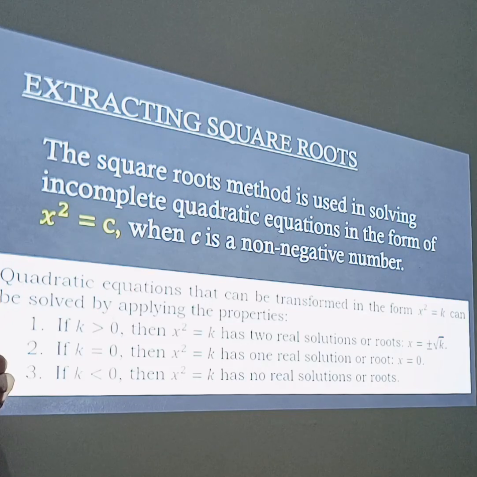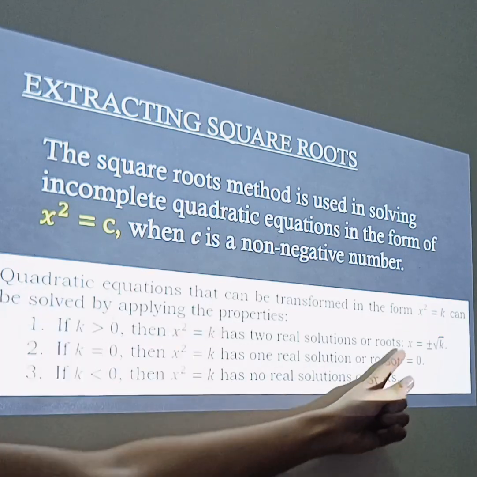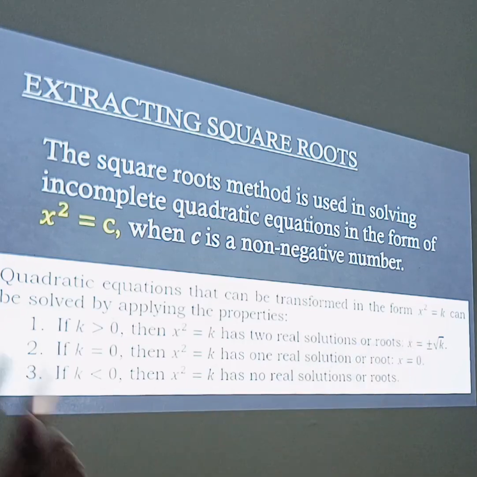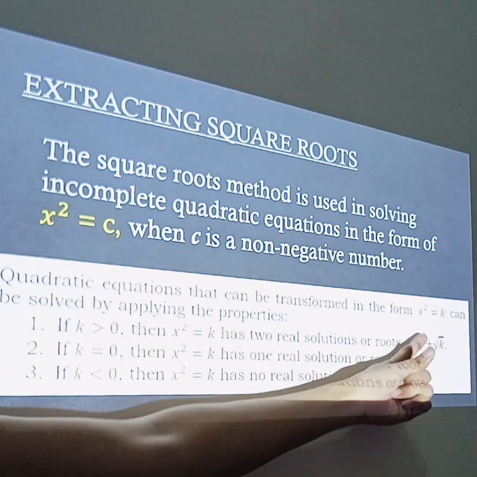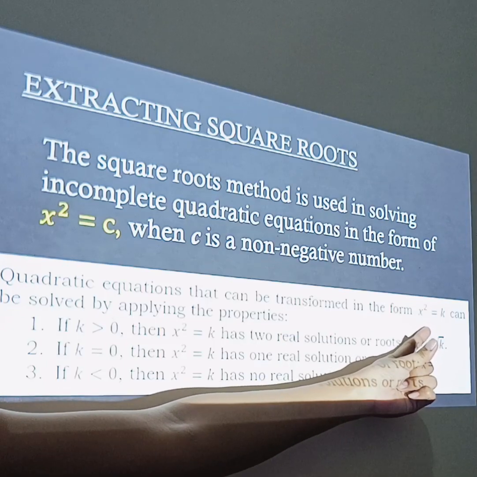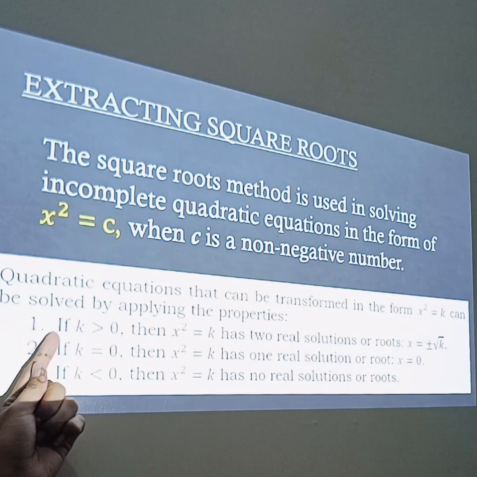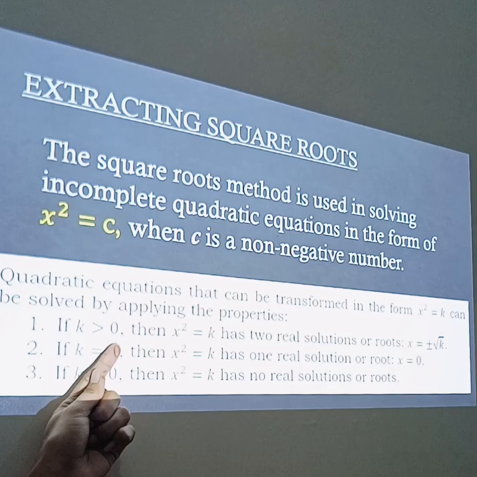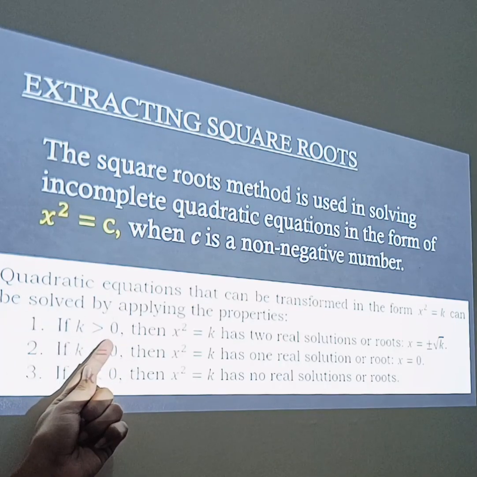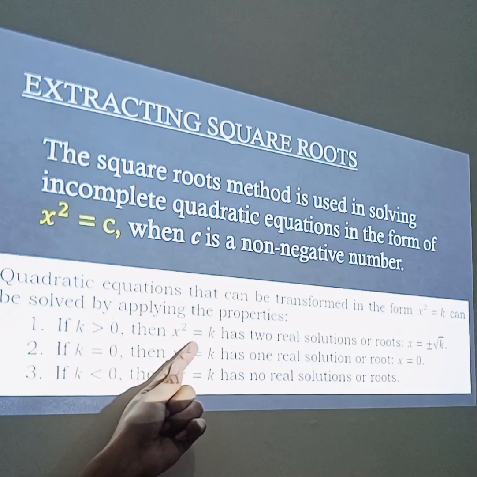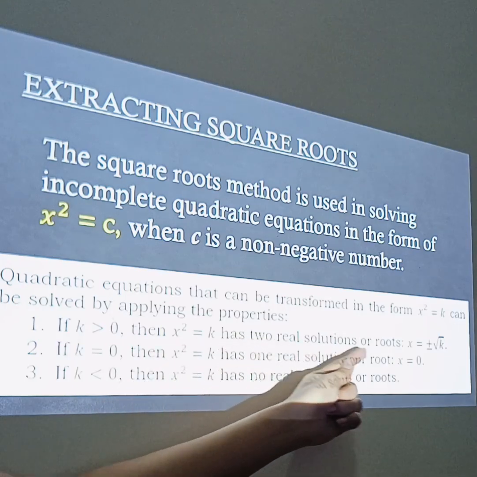Quadratic equations that can be transformed in the form of x squared equals k can be solved by applying the properties. X squared equals c is the same as x squared equals k. If k is greater than 0, then x squared equals k has two real solutions or roots.